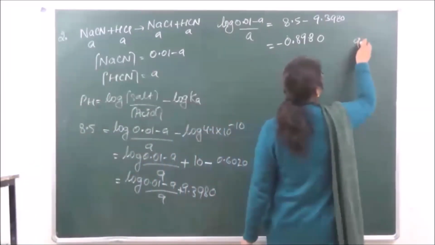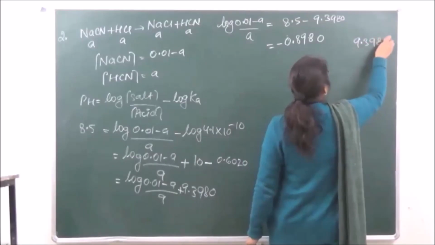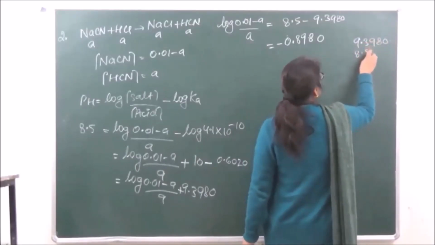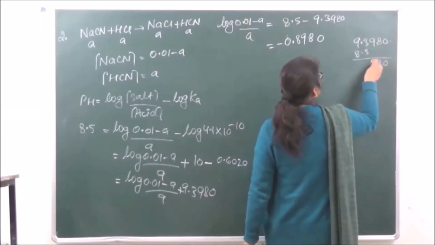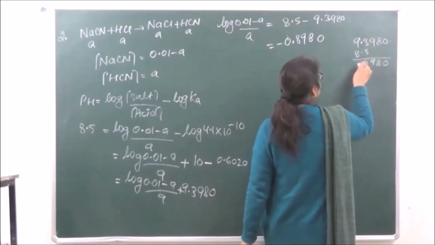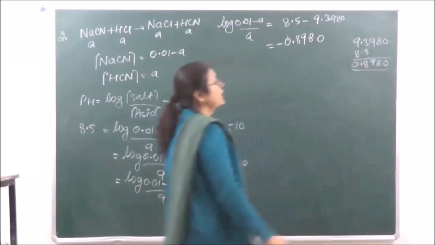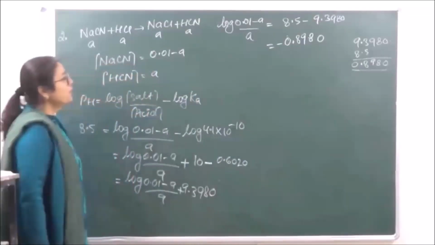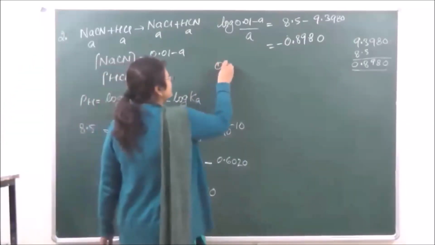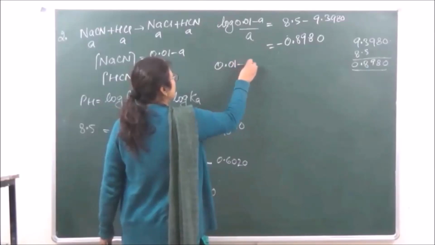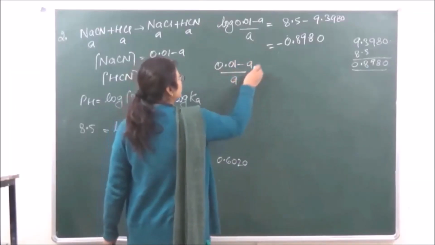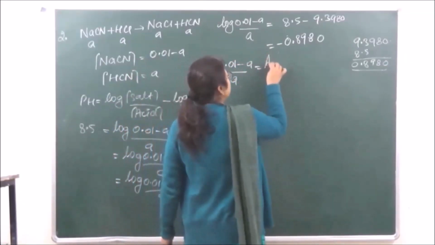We should take a chance over here. So we have this minus 8.5, and 9 minus 5 is 8, 0.8980.